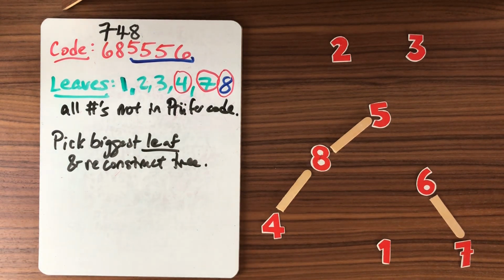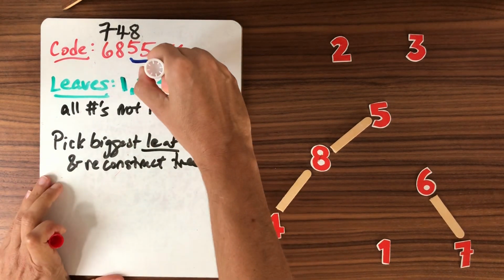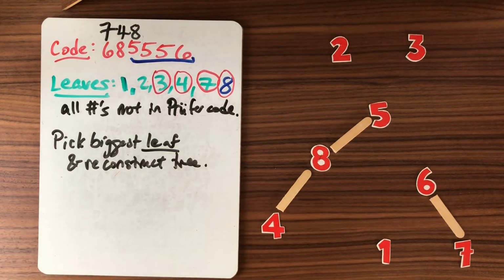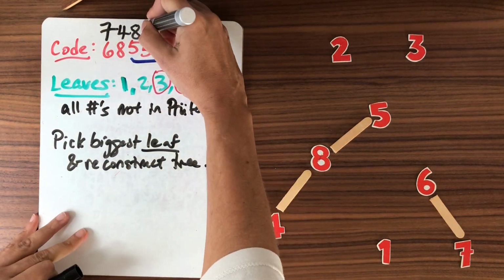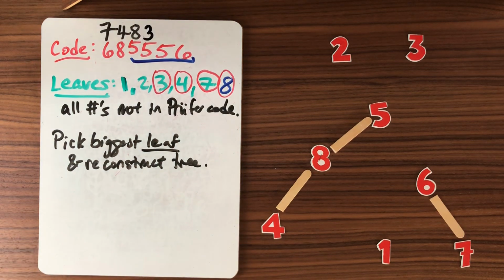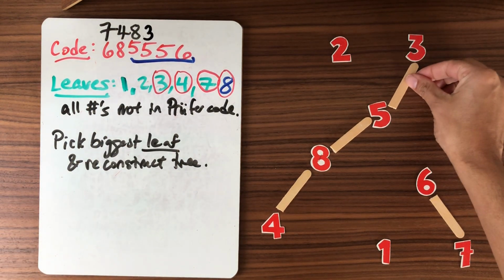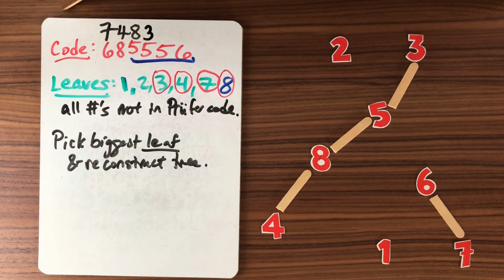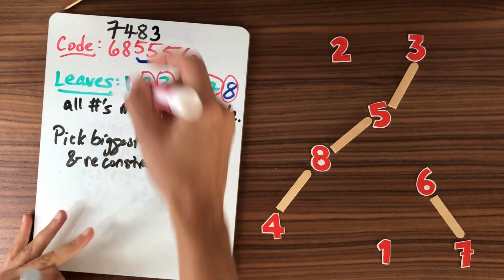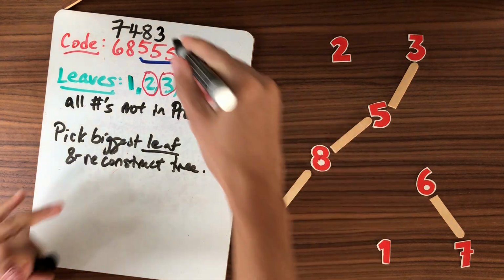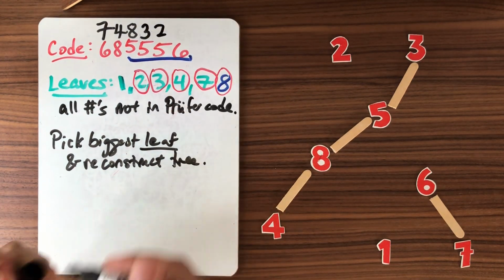My biggest leaf that I see next is the 3. So that means that I'm going to record, up here, what I removed was a 3. Who is 3 connected to? Well, I put it above a 5, so the 3 is connected to the 5. There we go. Biggest leaf I see is 2. I'm going to write that down up top. 2 is connected to 5.